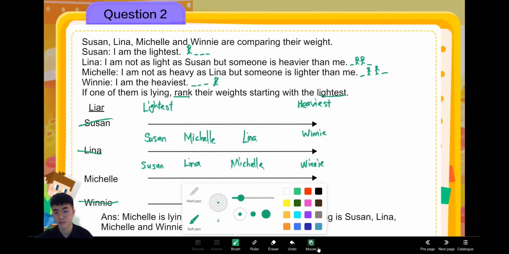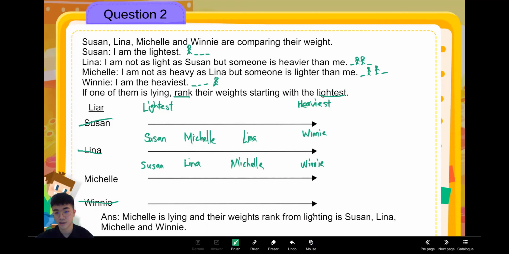It's supposed to be lightest, okay? Not the lightning. There's no lightning, okay? From lightest is Susan, Lina, Michelle, and Winnie.